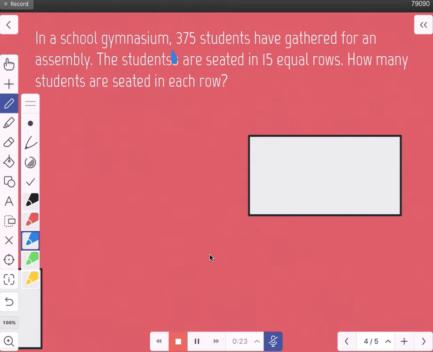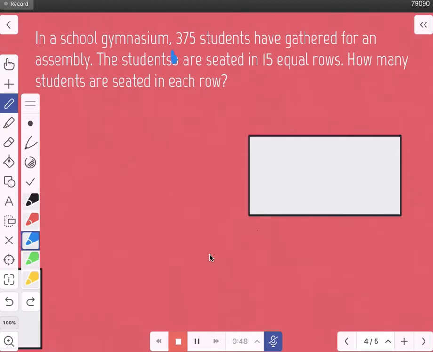So just like with addition and subtraction, we kind of could use that math mountain idea. What we're going to do with multiplication and division problems is we're going to use a rectangle. So knowing that the rectangle almost represents that area model, okay? So if I have 375 students gathered for the assembly, they're seated in 15 equal rows, how many are in each row?